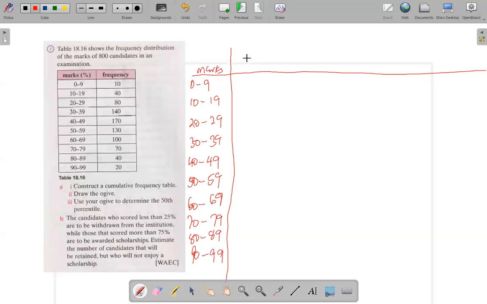The next thing is the class boundary, which is what we're going to use for the Ogive.